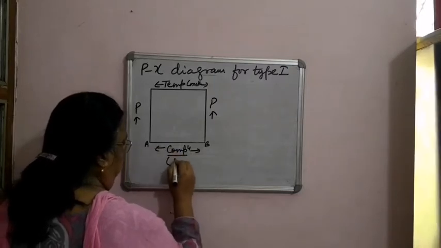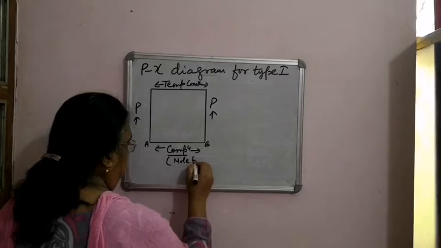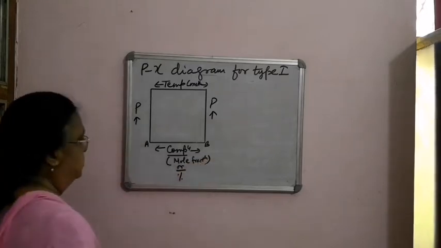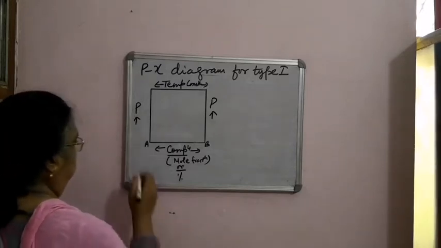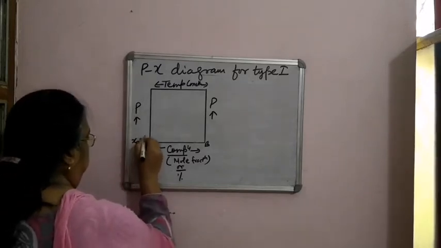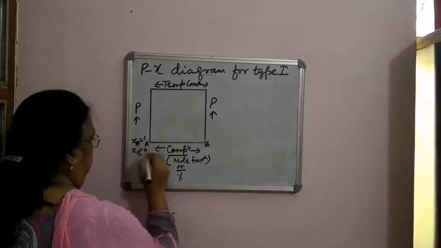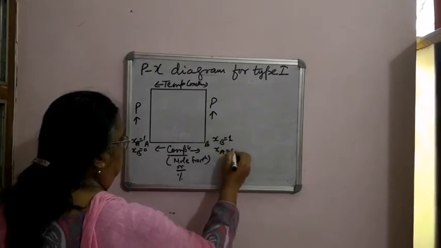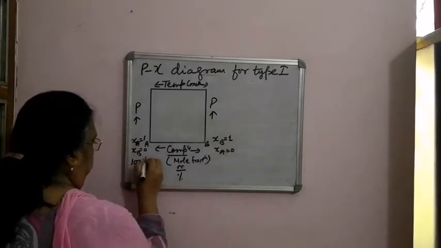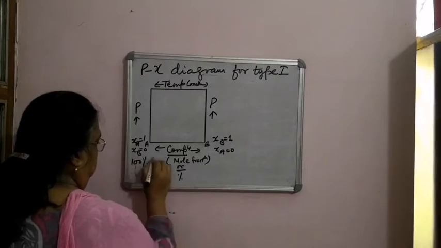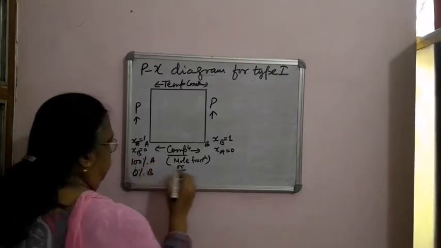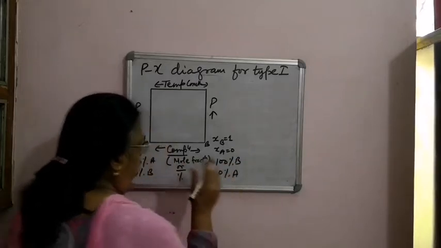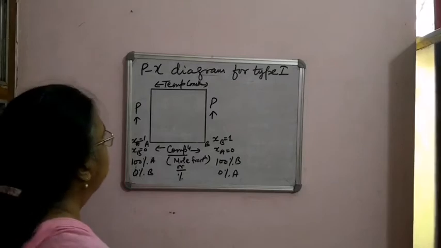Composition can be mole fraction or percentage composition. So on this side we will have XA is 1 and XB is 0, and here we will have XB 1 and XA 0, that is 100% A and 0% B. Here 100% B and 0% A. Always this will be taken throughout.